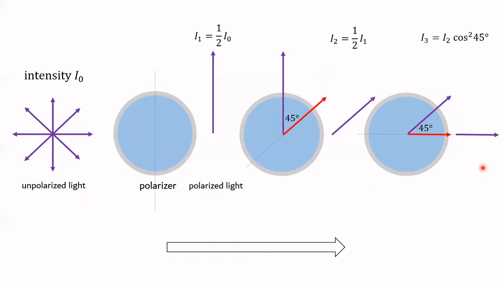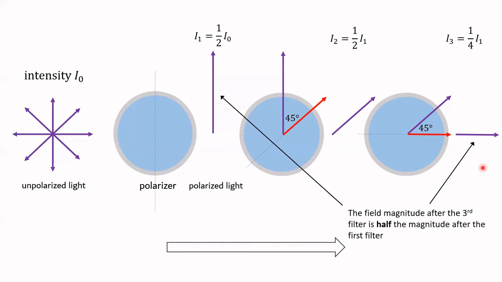Can we take this idea even further? Yeah, so I'm just pointing out here. Wait a minute, did I get this wrong? The field magnitude, oh, right. So I'm talking here not about the intensity, but the magnitude of the electric field. I'm looking at the length of the vector. See how this vector, because I was careful in the way I resolved these, I tried to make sure all the lengths were appropriate.